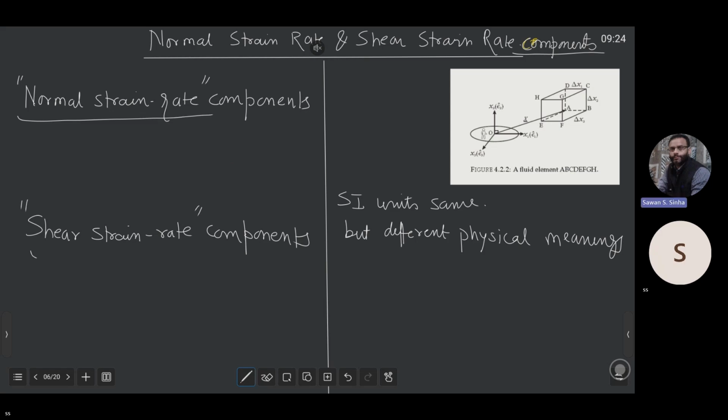The other group is called the shear strain rate components. What components belong to the normal strain rate component? These 3. When both the indices are same, or in other words, rate of fractional change in length, वो वाले components को हम normal strain rate components कहते हैं. Shear strain components are the other one.